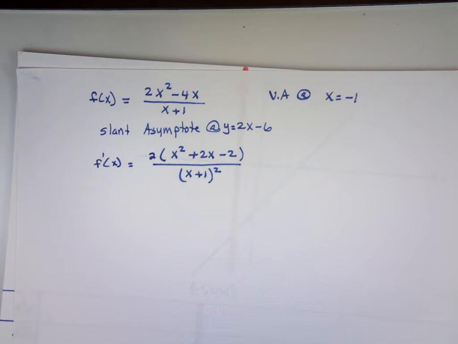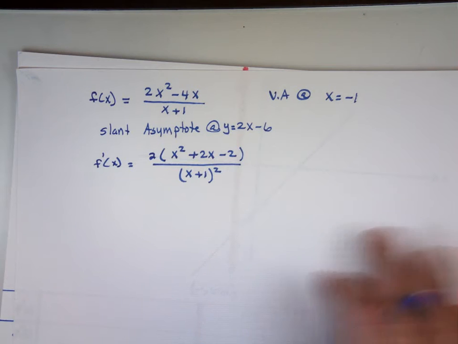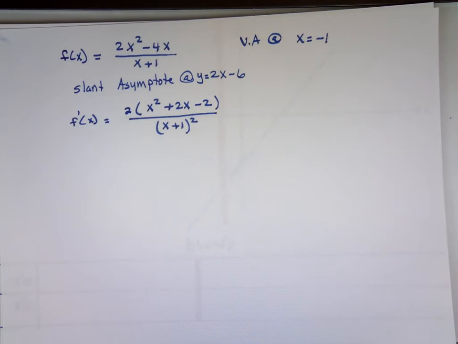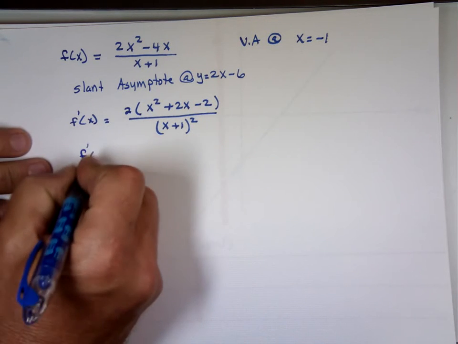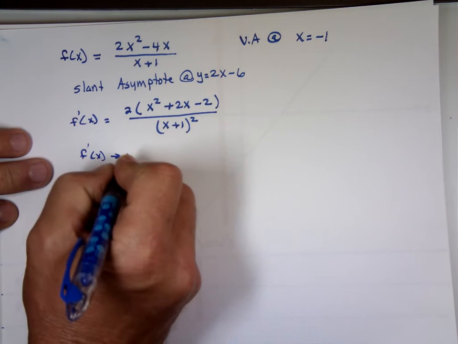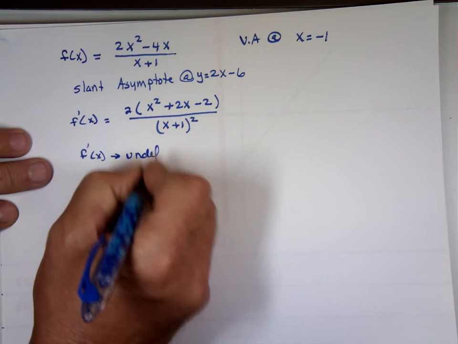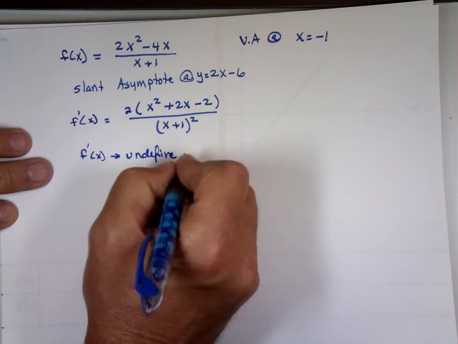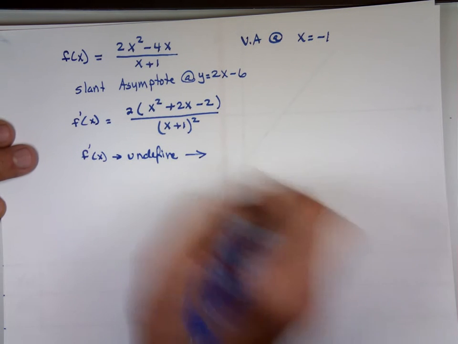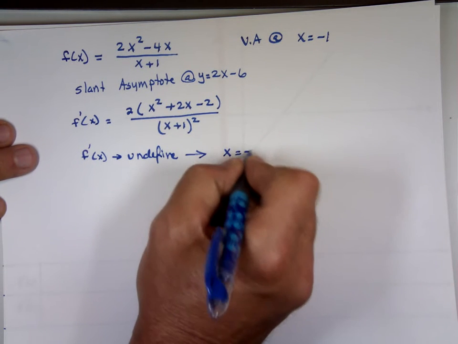Again, the quotient rule will be the way to do it. You get a fraction. Quotient rule will be perfect. Where is the derivative undefined? When x equals -1. No surprise, I know that. I already put it in.